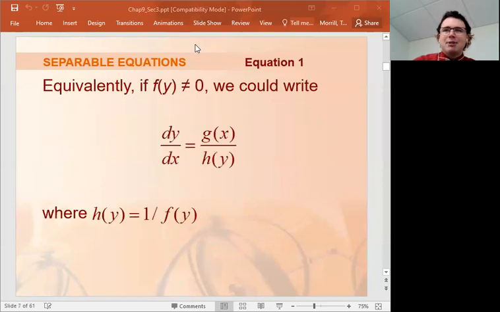So here is an example. If we were to say that f of y is never equal to 0, we would be allowed to write our derivative as g of x divided by some function, maybe h of y.